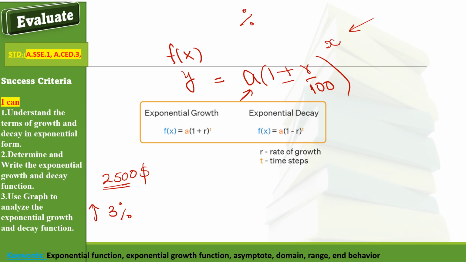The interest rate you will get on that 25,000 over the interval of time will be 3%. What does it mean? It means r is 3, not percent, because r has to be divided by 100 in order to convert the percent into the value, and a is the 25,000.